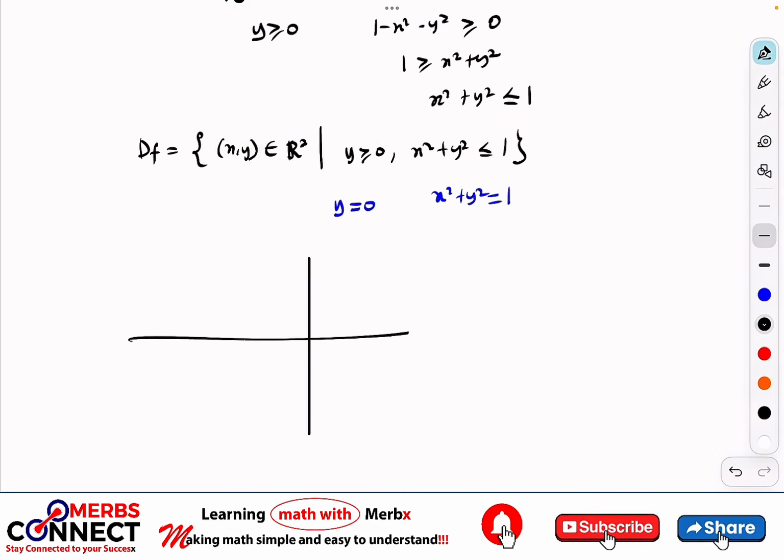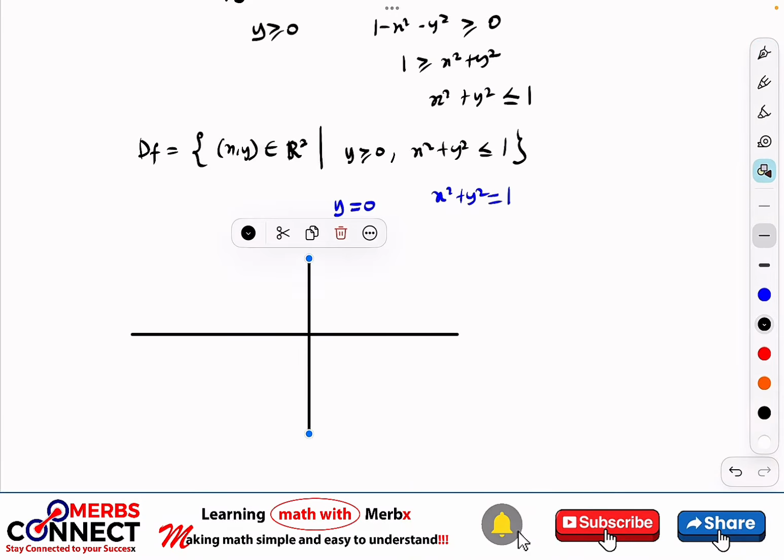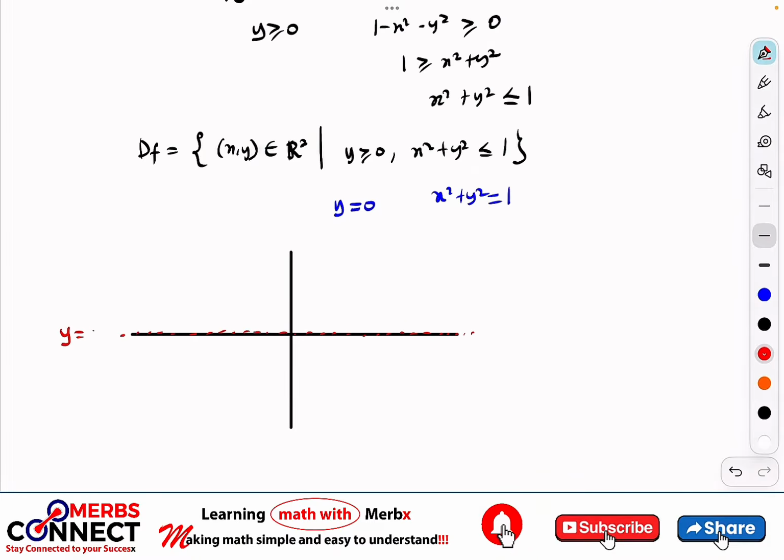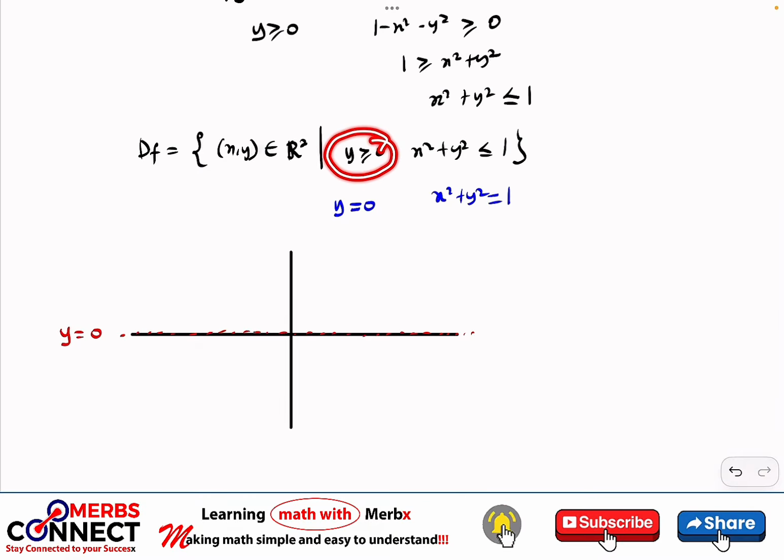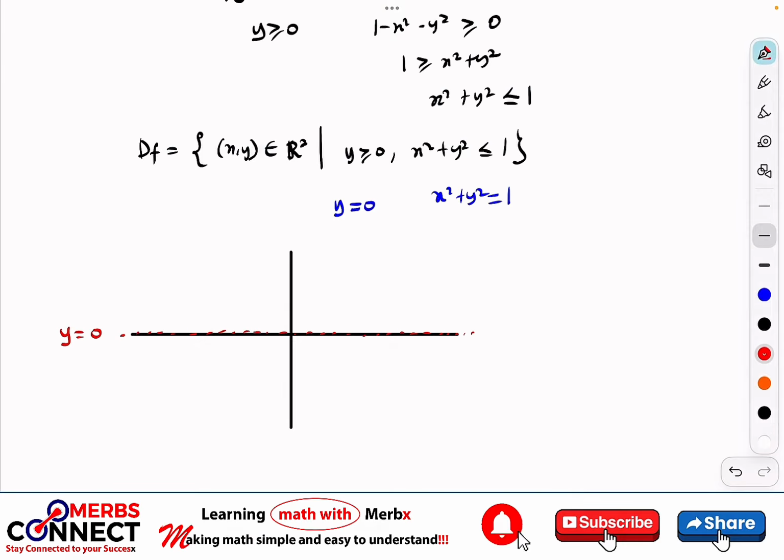You can pause it and then sketch and see if you are going to get the same graph. So y is equal to 0 is going to be on the x-axis. So we are going to have this. That's the one that I'm using red line to write. But this means that y is greater than or equal to 0 is included.